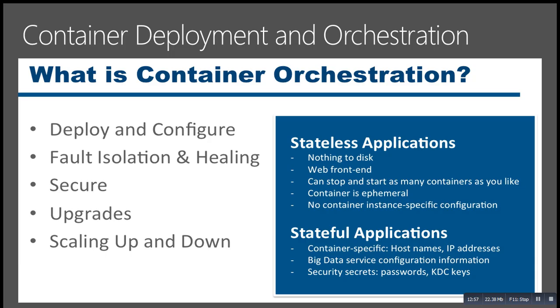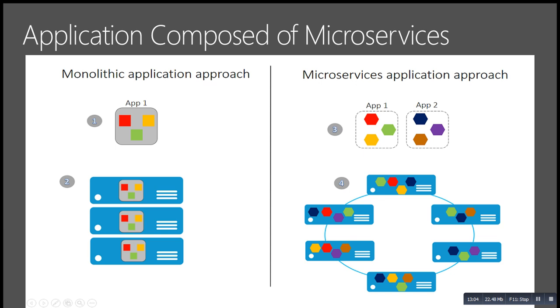Application composed of microservices. So this is another explanation of how an application can be composed with microservices. In the monolithic application approach, we were building one application with all services bundled together.